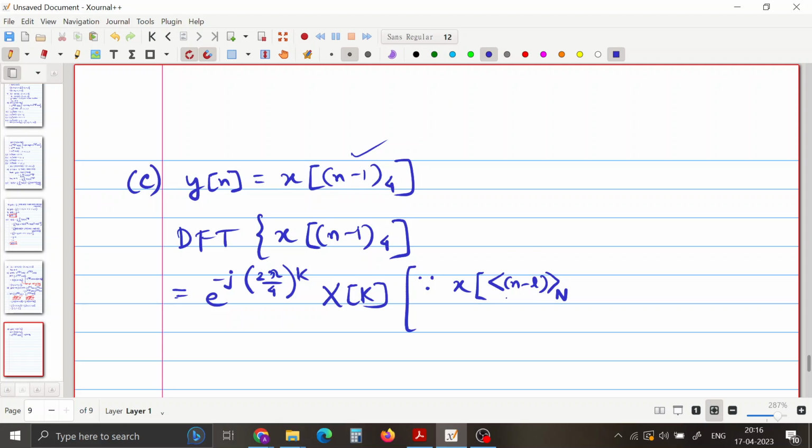In the lectures these angular brackets were used, but I'm skipping them here. So this goes to e power minus j 2 pi k l by cap N, cap X of k. This is the property that we are making use of.